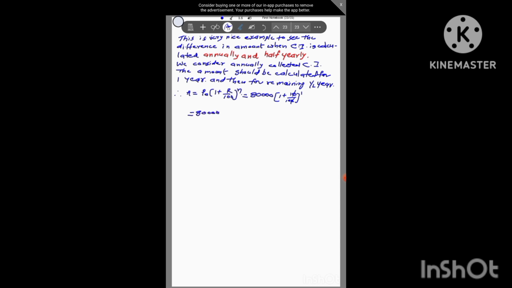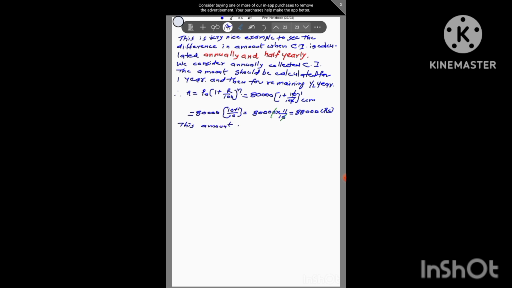Okay, so after cancelling 0, it is 80,000 into 1 plus, after taking LCM, 10 plus 1 upon 10, that is 80,000 into 11 upon 10. So we cancel 0 and we get 8,000 into 11, which is 88,000. Okay, this is after 1 year, rupees 88,000.